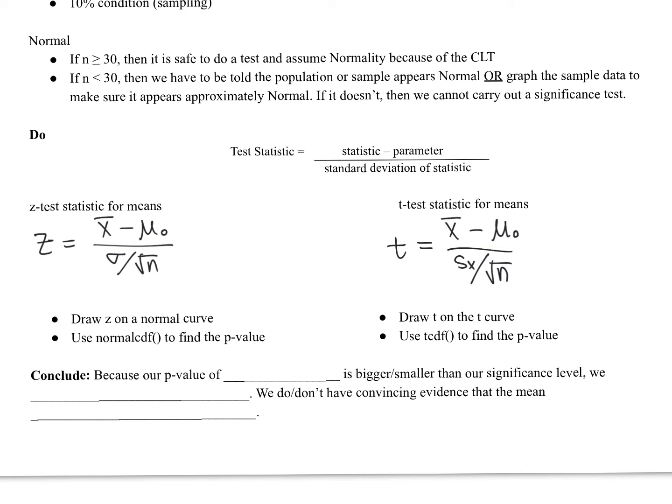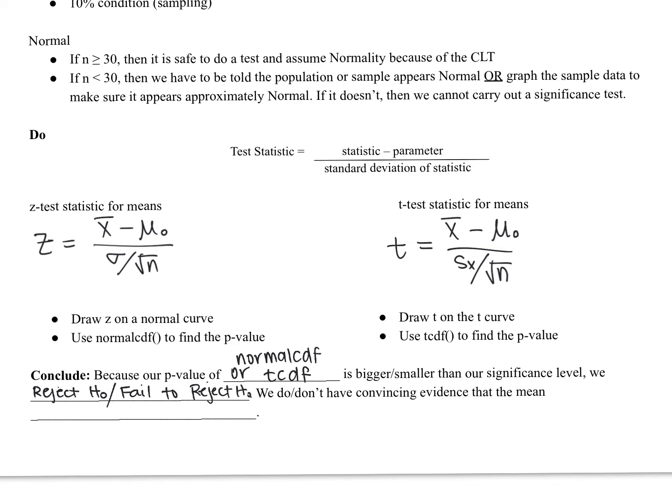After we find our p-value, from either normal CDF or t-CDF, we still compare it to alpha. Based on whether or not it's bigger or smaller than our significance level, we either reject the null or fail to reject our null.